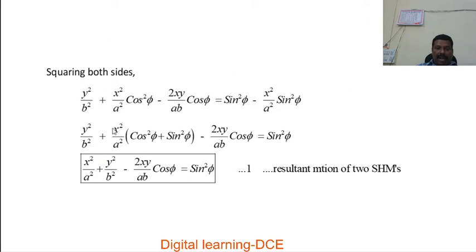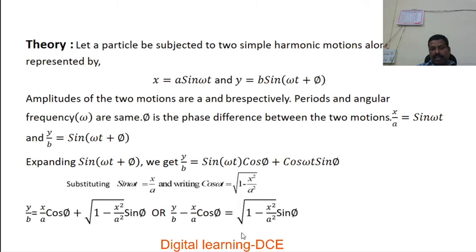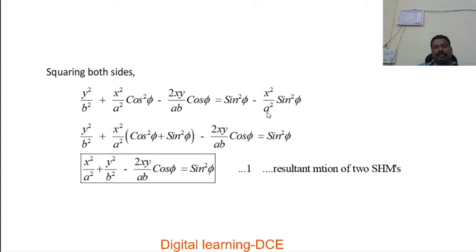Expanding that, we get y squared by b squared plus x squared by a squared cos squared φ minus 2xy by ab cos φ, which is equal to sin squared φ minus x squared by a squared sin squared φ, since multiplying sin squared φ into 1 minus x squared by a squared gives this.